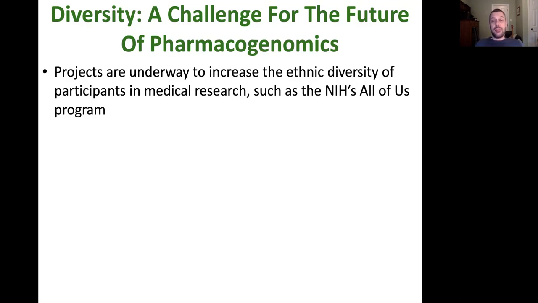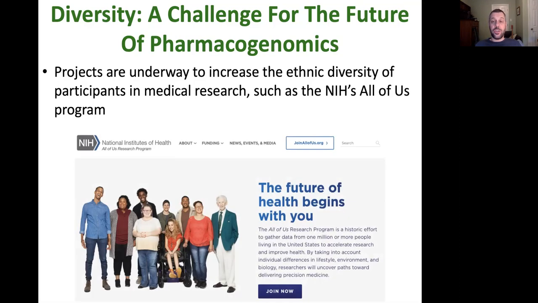Pharmacogenomics and these different genome-wide approaches are great, but historically speaking, the DNA that has been sequenced tends to be from white European people in the United States. And so the National Institutes of Health, a year or so ago, instituted a new program called the All of Us Research Program.